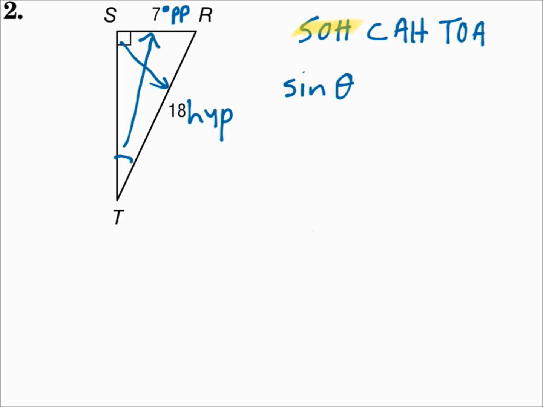Sine of theta equals opposite over hypotenuse. I'm using sine because my sides that I'm using are opposite and hypotenuse. Now substitute in. Theta is t, opposite is 7, and hypotenuse is 18.